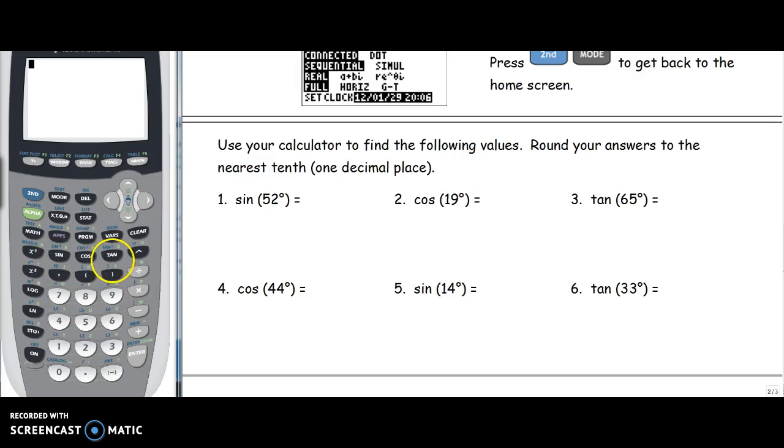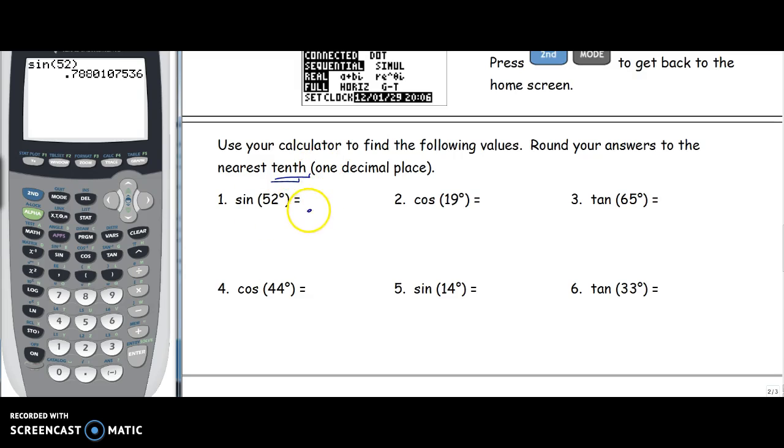If we want to do sine of 52, we're going to hit sine and then just type in 52, close your parentheses, and hit enter. And we're going to round to the nearest tenth, which is 1 decimal place.